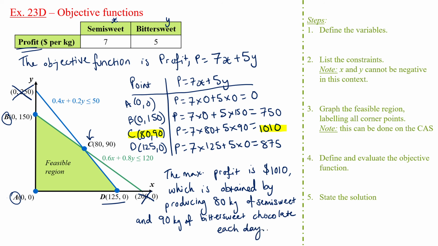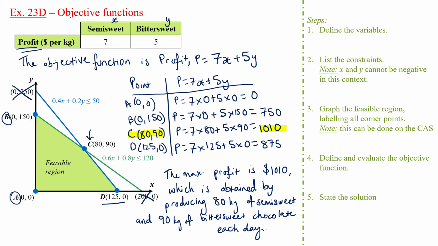We've solved our linear programming problem. So similar steps as what we've worked through in the first example. We needed to define our constraints, which was given to us at the beginning of the question. We needed to define the objective function. We need to plot all constraints on the graph and find the corner points.